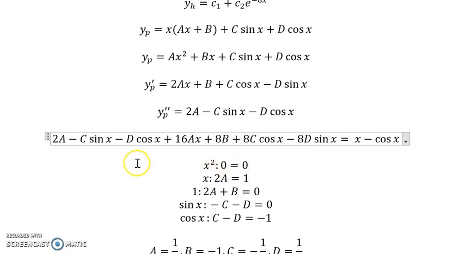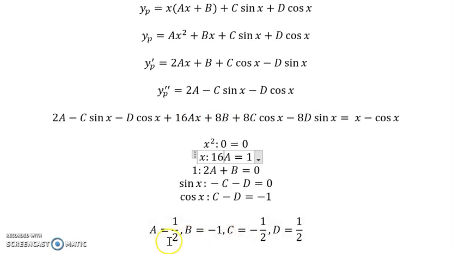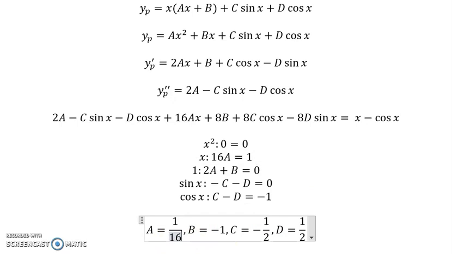Then I need my x terms. So I have 16ax equal to 1x, so 16a equals 1. That's easy to solve: a equals 1 over 16.